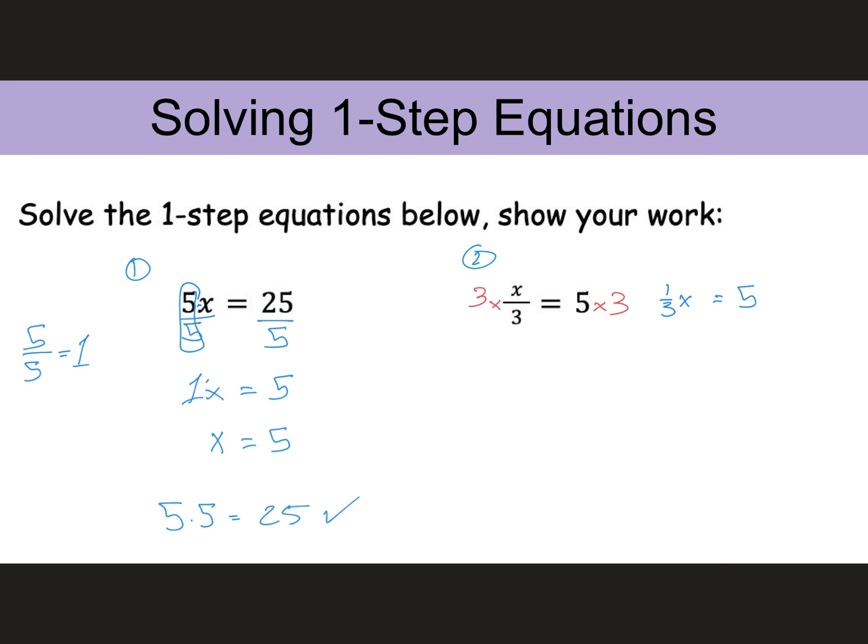What happens when I'm multiplying by 3? Well, this is 3 over 1. And what is 3 divided by 3? Again, that's 1. So what I'm left with is x. And on the right side, I have 5 times 3, which is 15.